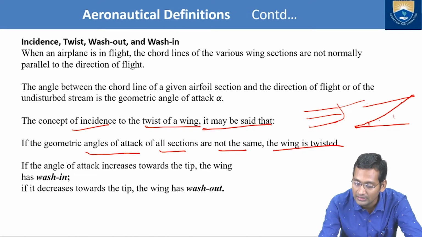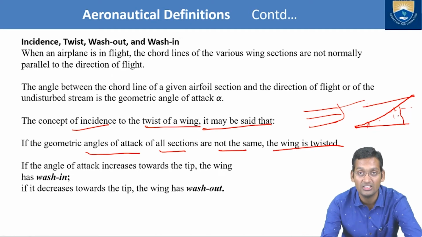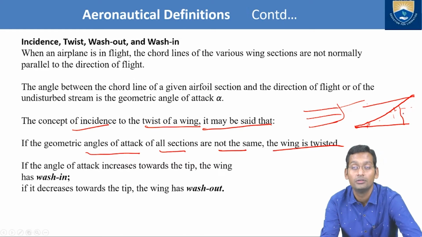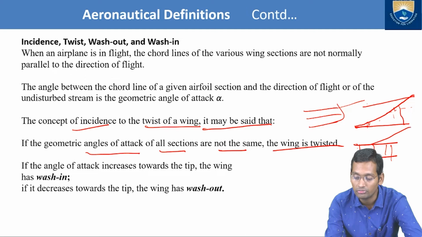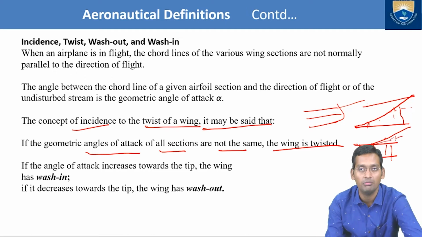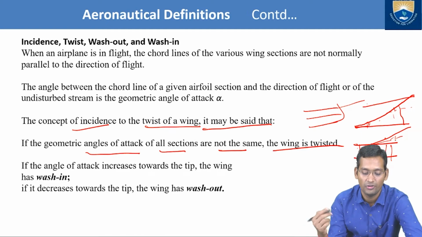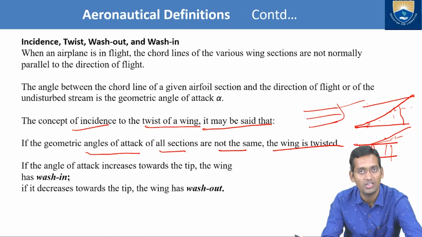If you measure this angle, it will definitely be more compared to this angle. So now the angle is not uniform, and if the angle is not uniform, we can say the wing is twisted. If two things are parallel, the angle is the same everywhere. But now one is twisted: up to this point the angle will be the same, and here the angle will be different. So once the angle is different, we can say that is a twisted wing.